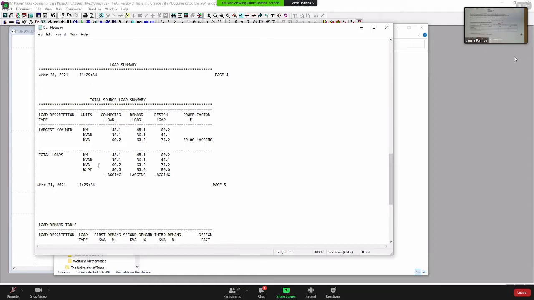Good. So now let's do connected load. The largest is the motor. So it's at 48.1 kW, kVAR 36.1, kVA 60.2.